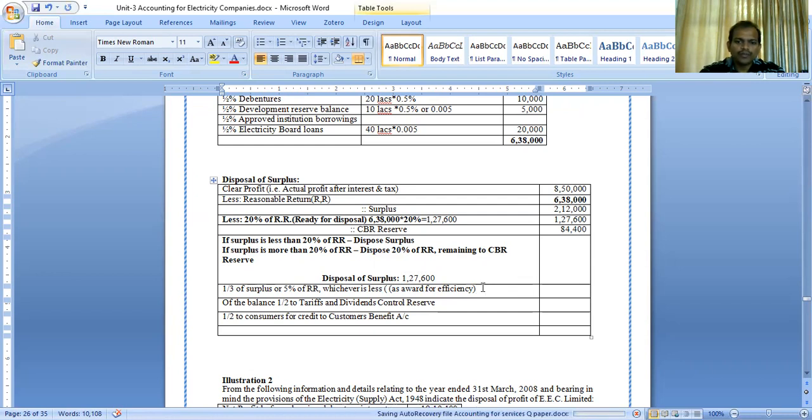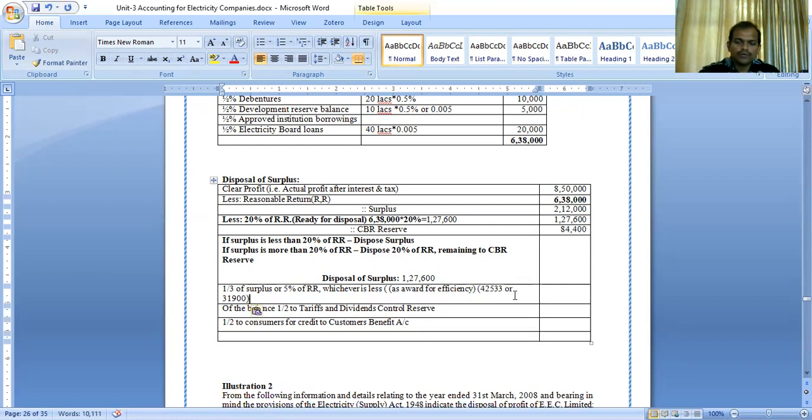So one third of surplus comes around 42,533, and 5% of reasonable return is 31,900. So whichever is less, in the sense 31,900.